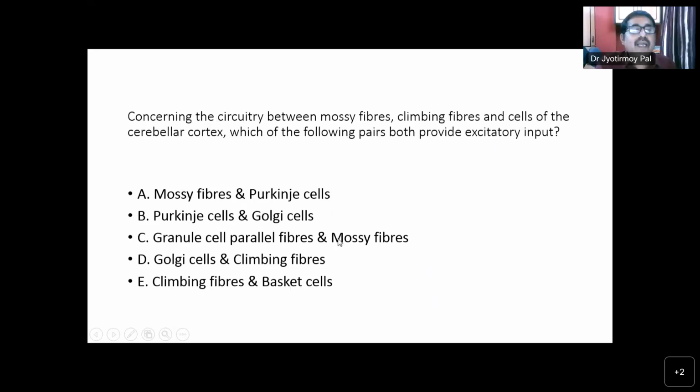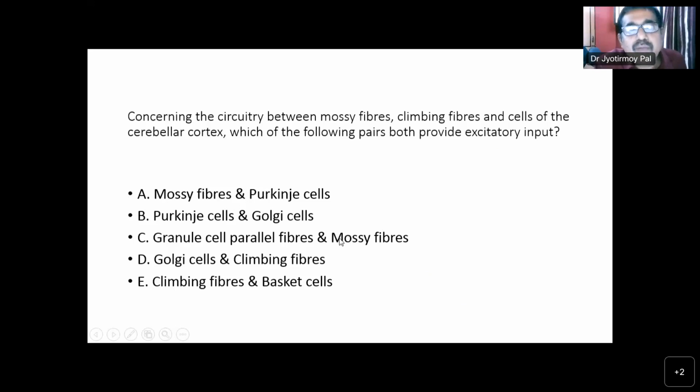But I can say something. Very interesting. The mossy and climbing fiber, basically the olivary nucleus fibers, enter the cerebellum as a climbing fiber. But other fibers, whether spinocerebellar tract or cuneocerebellar, enter as a mossy fiber. Cerebellar cortex has 3 layers: outer layer, then the Purkinje layer, then the granular layer.